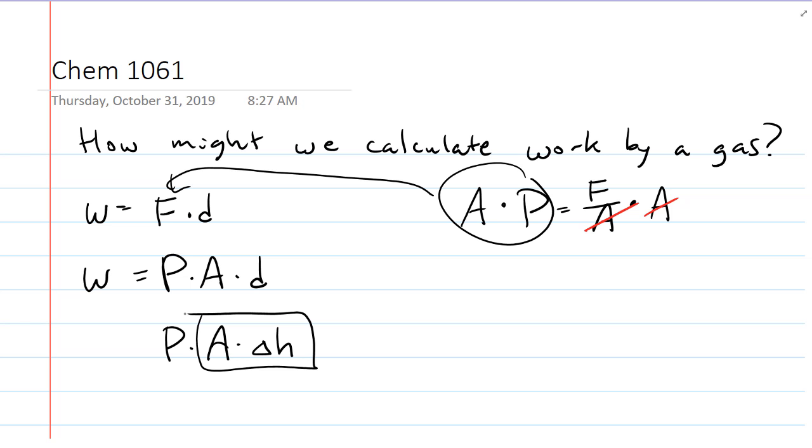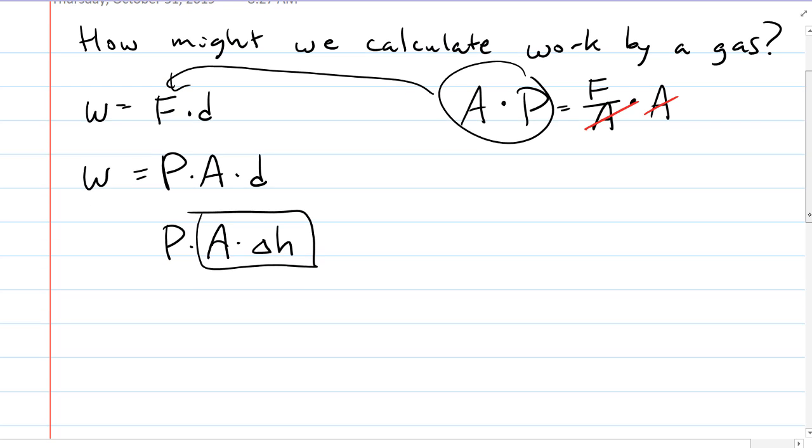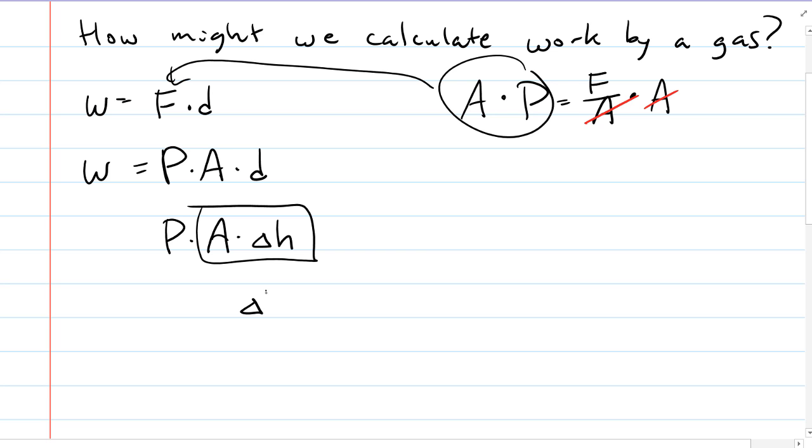Because if you take the area of the base, and this is true of any three-dimensional object, times its height, you will wind up with the volume. Area is length times width, and volume is length times width times height. So this here is essentially the change in volume. Again, the work is equal to pressure times the change in volume.